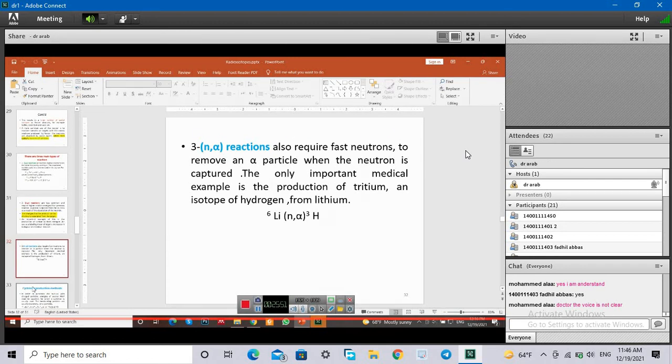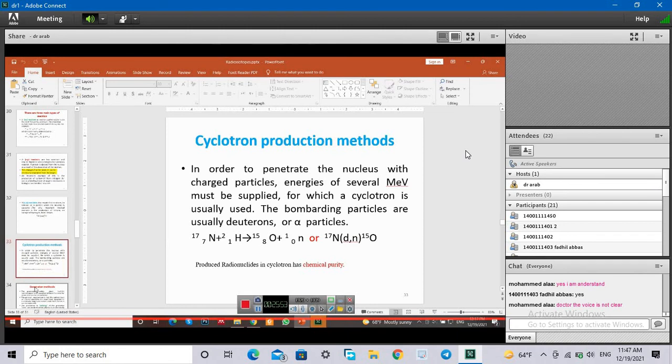And the other way that we can produce a radionuclide is by cyclotron. In a cyclotron, in contrast to the reactor, we bombard the nucleus with a charged particle. It is the main difference. Please pay attention. The main difference between the reactor reaction and the cyclotron is related to the particle that interacts with the nucleus.